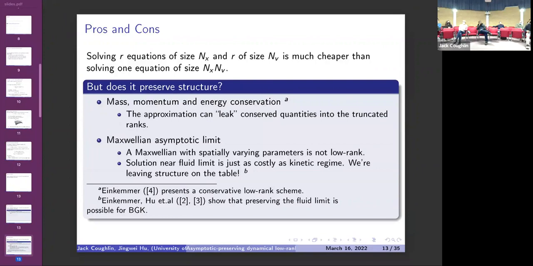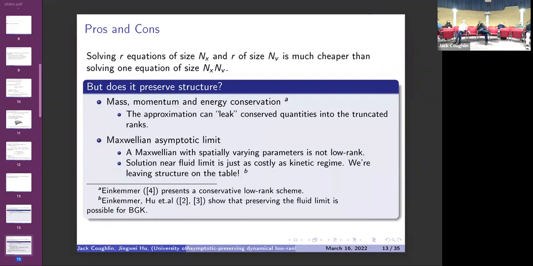The next one is this Maxwellian asymptotic limit, right? So do we approach the Maxwellian, or is our scheme behaving nicely with respect to this limit? And the problem there is that the Maxwellian with spatially varying parameters is not a low rank function. It's not separable. It's not even close to separable in x and v. What that means is that this scheme, as I've presented it, when you're getting near the Maxwellian, you're doing just as much work, more or less, as you are far from the Maxwellian, right?